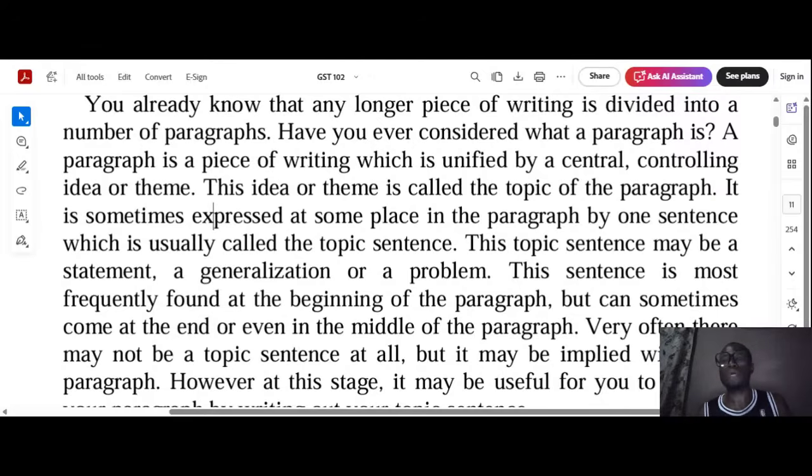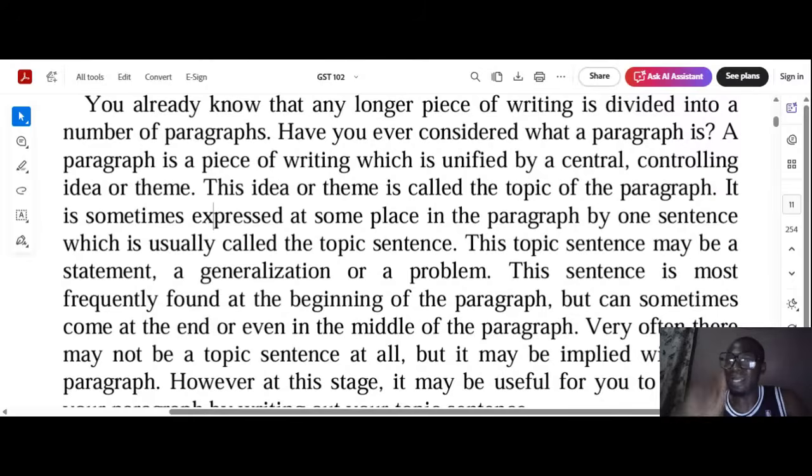What we're talking about is that in a paragraph, like I've been saying, there is one idea that you want to pass in that paragraph. And any other thing you write in that paragraph will evolve around that single idea. It's just like you explaining that single idea, describing it, or giving examples of it.